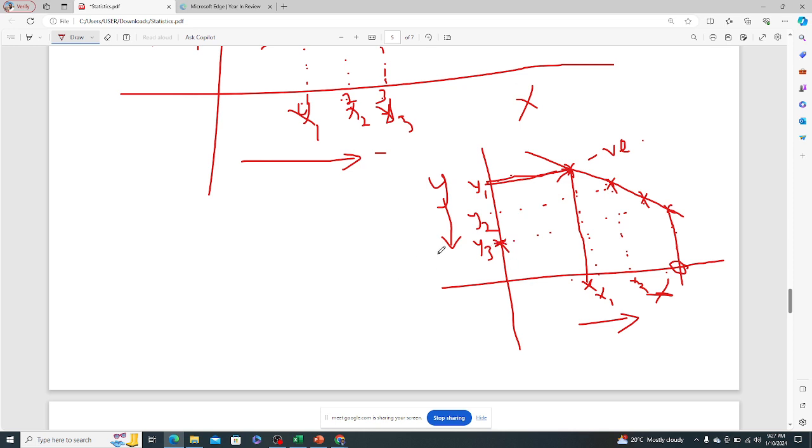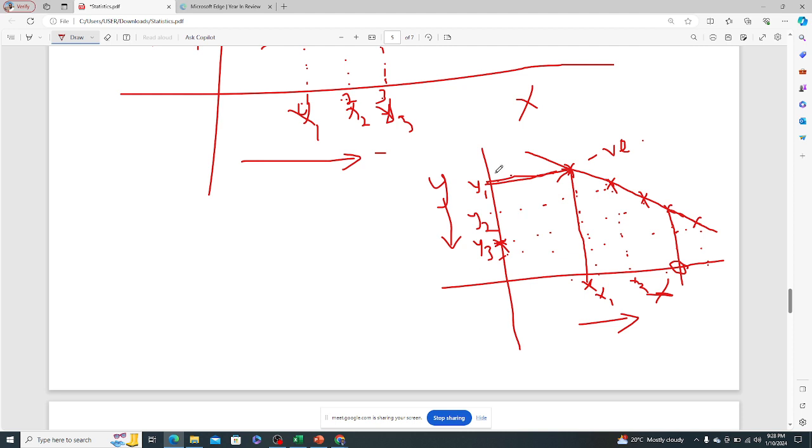As one variable is increasing, the other variable is decreasing. If we extrapolate this to this point, you will find that the value of y will continue to decline.